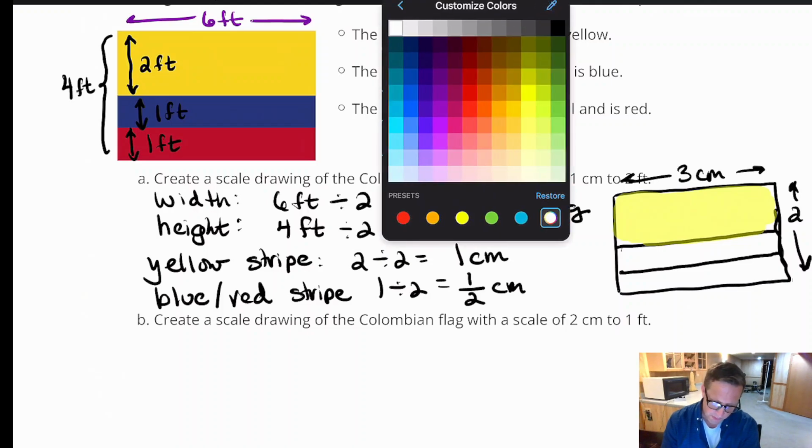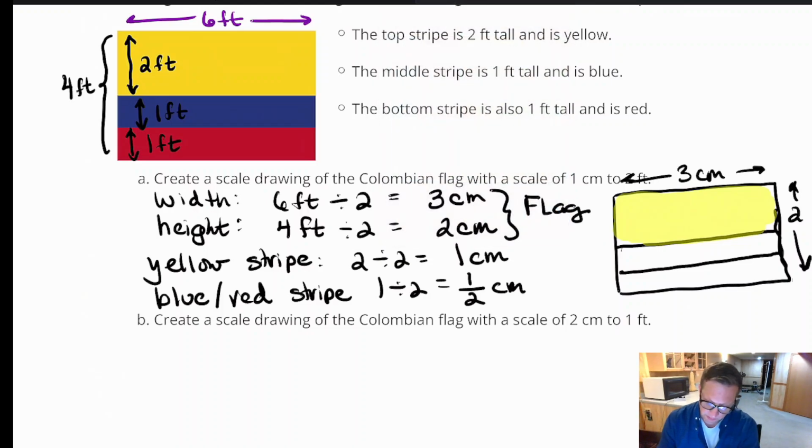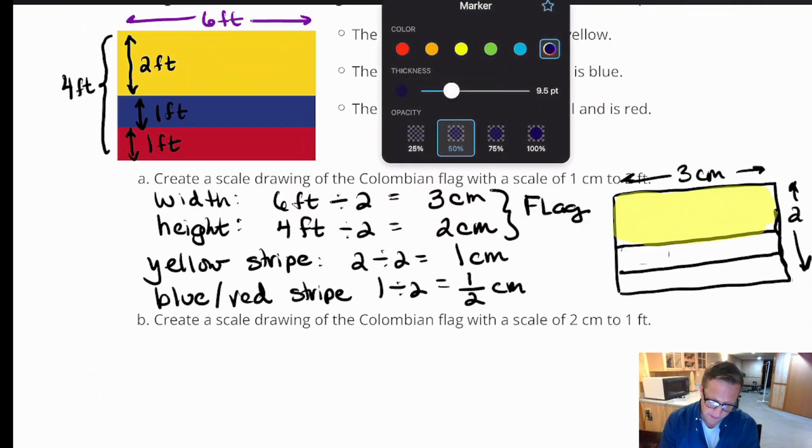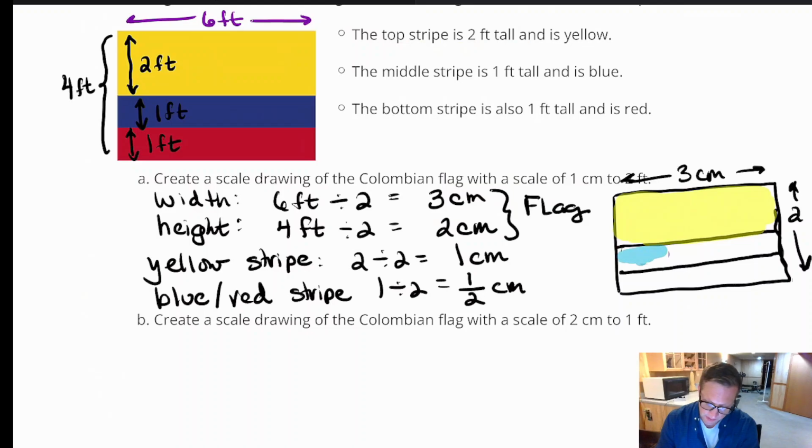Better blue. How's this? It looks like purple, but whatever, I'll just use that. Got that, and then the red. If you want to put some more measurements in here, this right here is 1 centimeter. This right here is 1/2 centimeter, and so is the other one.